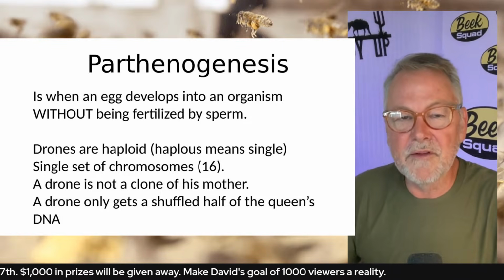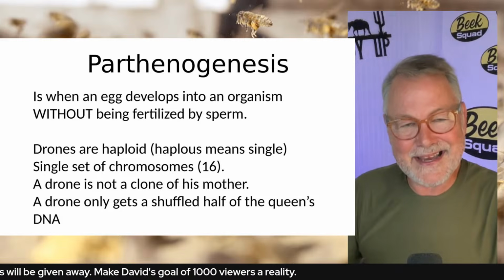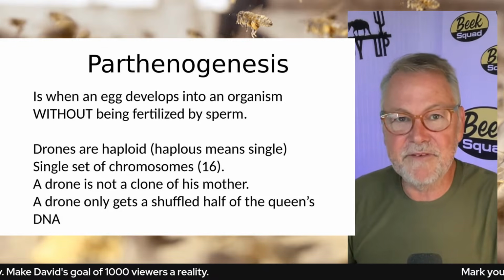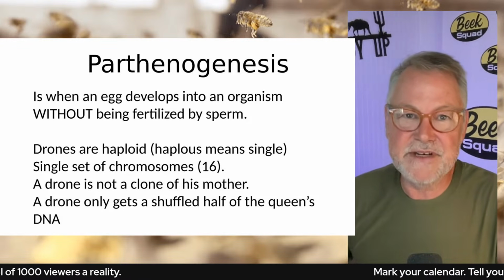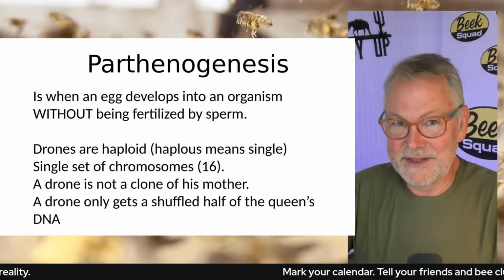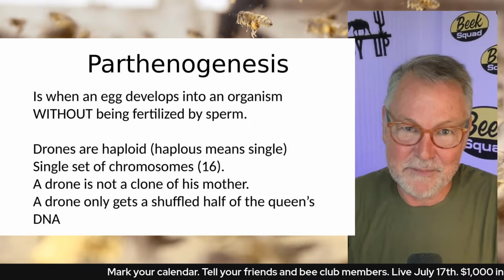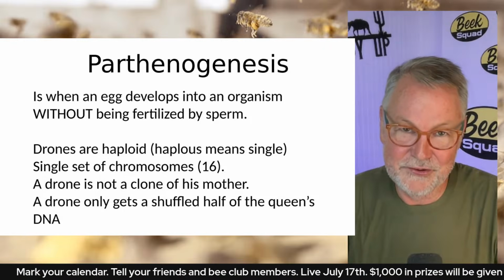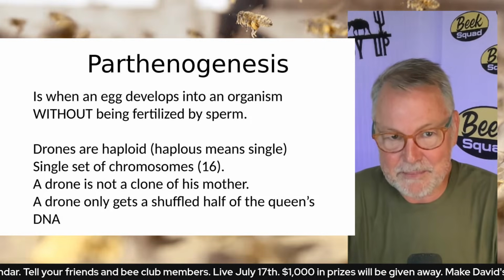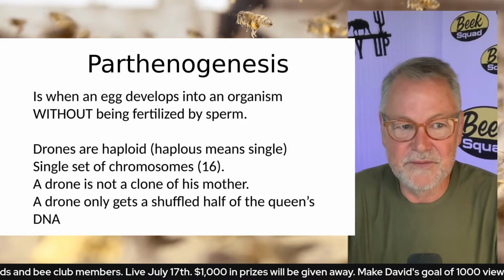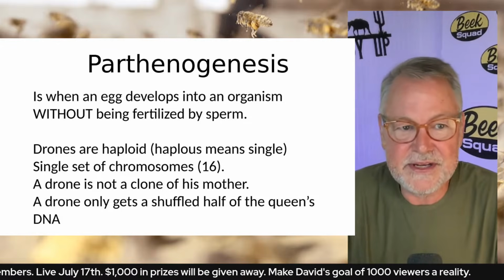And so all the things necessary in the egg that will not be fertilized, there is more than enough DNA material to allow that egg to develop into a drone, because drones are haploid. Haploid means single. So there's a single set of chromosomes, 16.